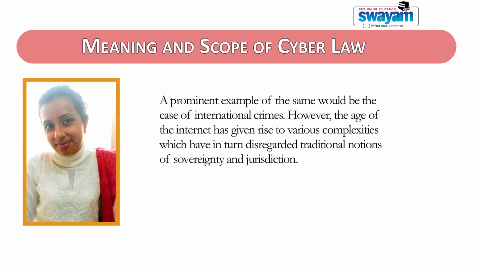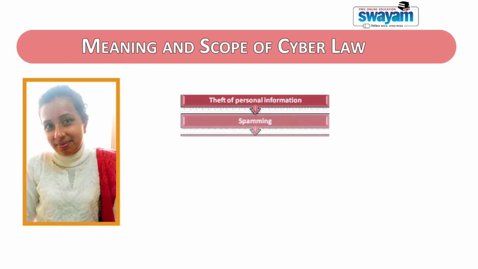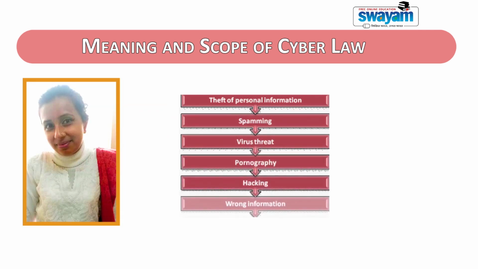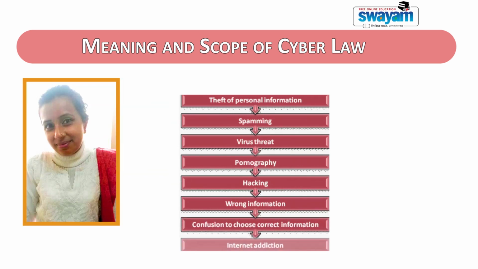A prominent example of the same would be the case of international crimes. However, the age of the internet has given rise to various complexities which have in turn disregarded traditional notions of sovereignty and jurisdiction. Examples of cybercrimes are theft of personal information, spamming, virus threat, pornography, hacking, wrong information, confusion to choose the correct information and internet addiction.